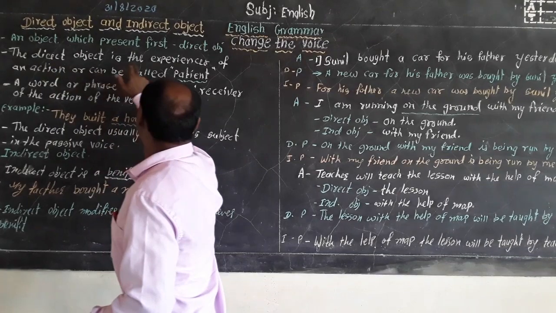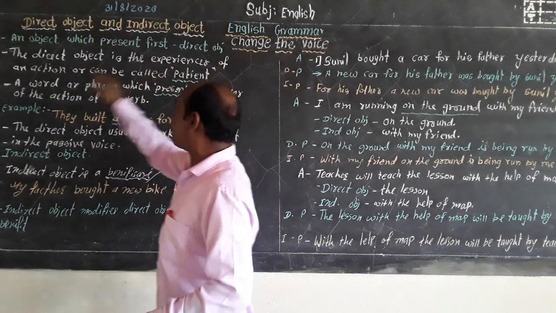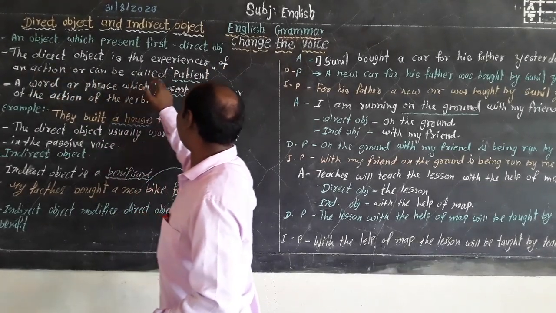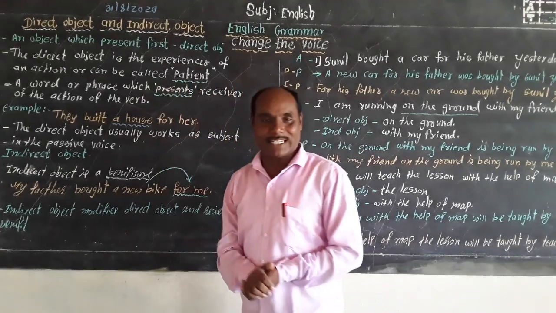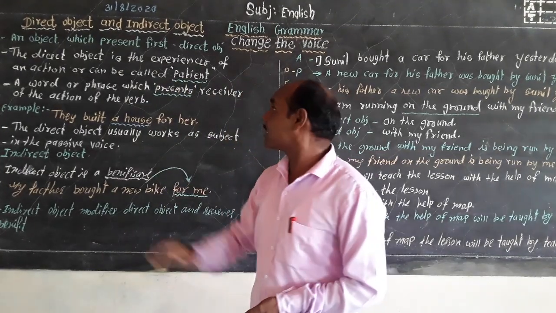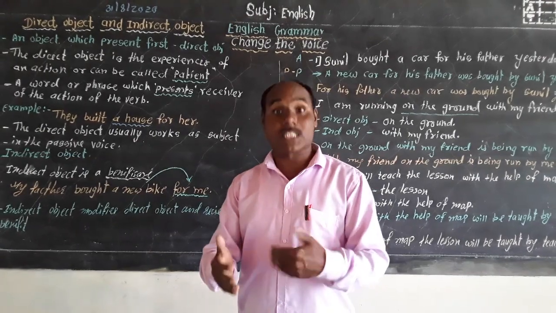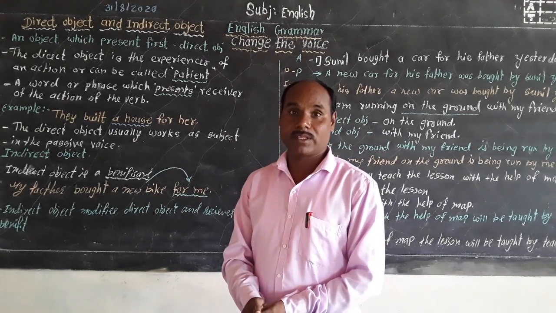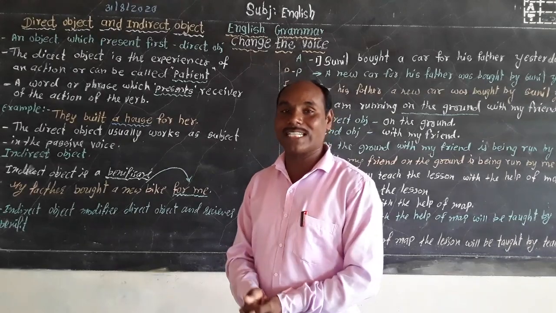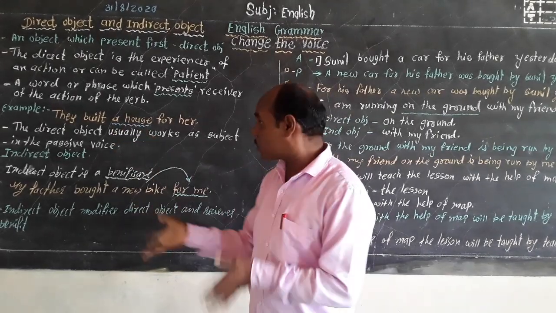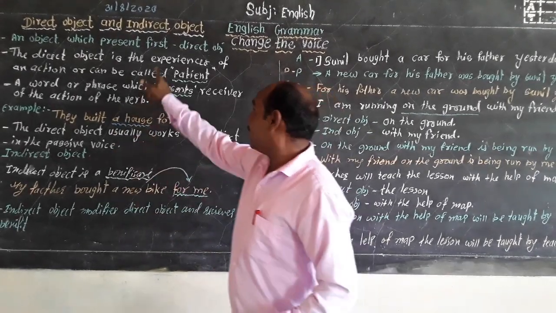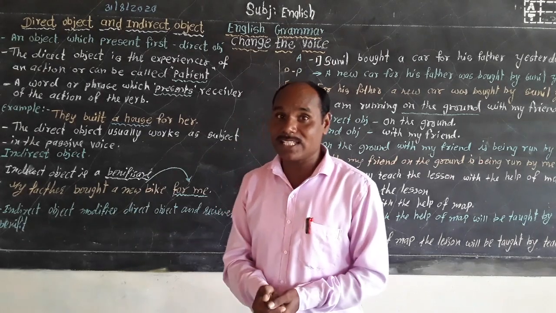The direct object is the experience of an action, or can be called the patient. Direct object is one type of experiencer. The object which represents after the verb is known as the experiencer.